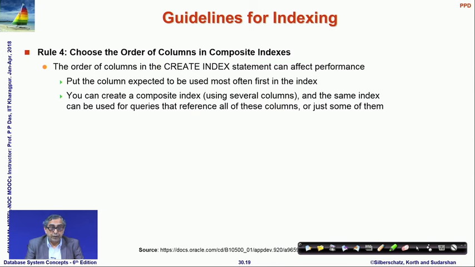The column that you expect to be used most often, put that as the first column in the index, because it is also possible that you are actually not doing a query which takes the whole of the composite search key, but a part of it. But if you have a composite search key index, you will still benefit if the query is using the attributes from the first part of the index.